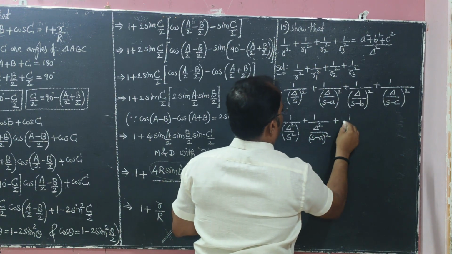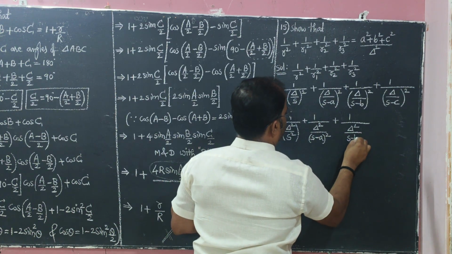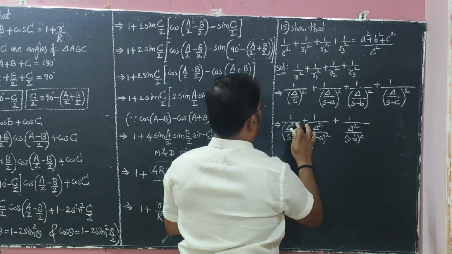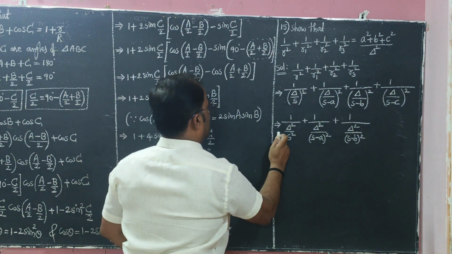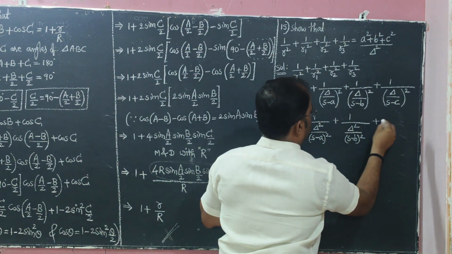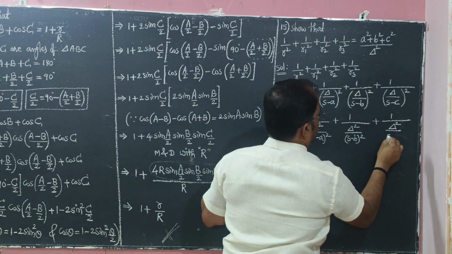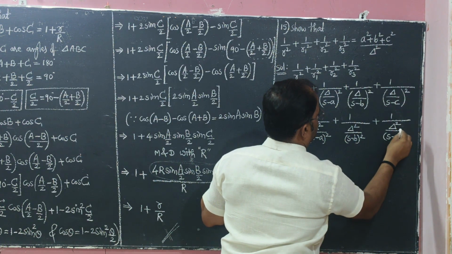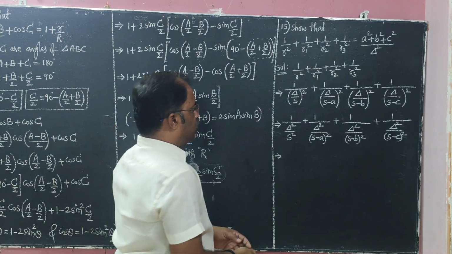Next one also the same, Δ² and (s minus b)². Clear? Okay, right. Next, the last one is Δ² and (s minus c)². Clear? And the fraction will become reciprocal.